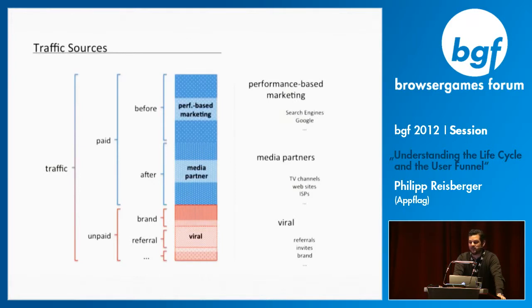What you see here, you can buy the user up front, so you have some performance-based marketing. I don't know if you go like Google keywords and all that stuff, pretty straightforward. Or you partner up with media partners and have something on a rev share basis. All of these users that come there behave totally different. That's something you've got to keep in mind when building the funnel.